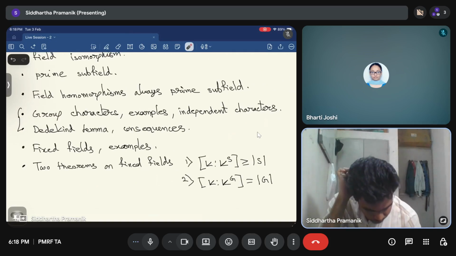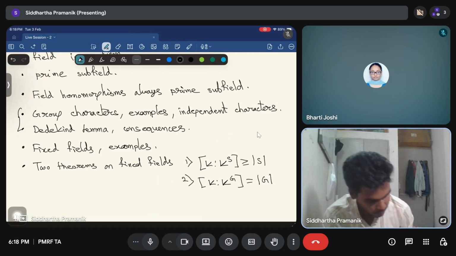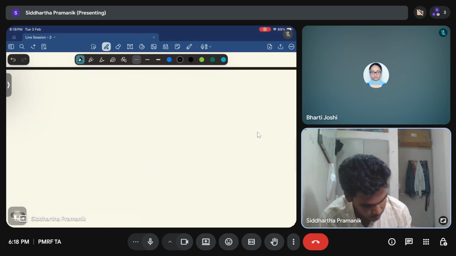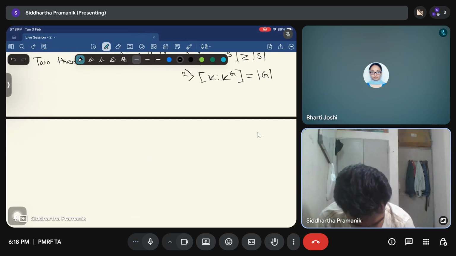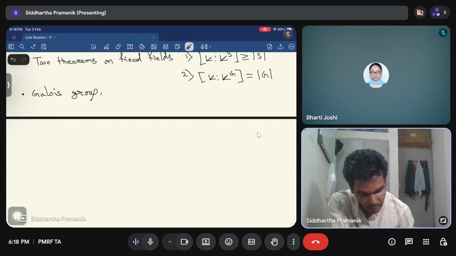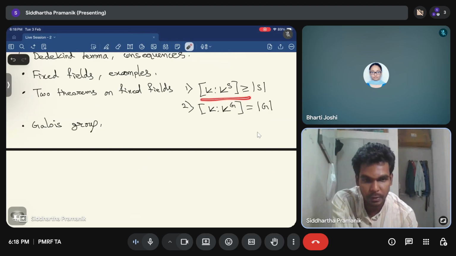Then we have defined the Galois group. So what is the Galois group? The Galois group is basically the reverse thing. Here we were taking field homomorphisms and looking at the fixed field.